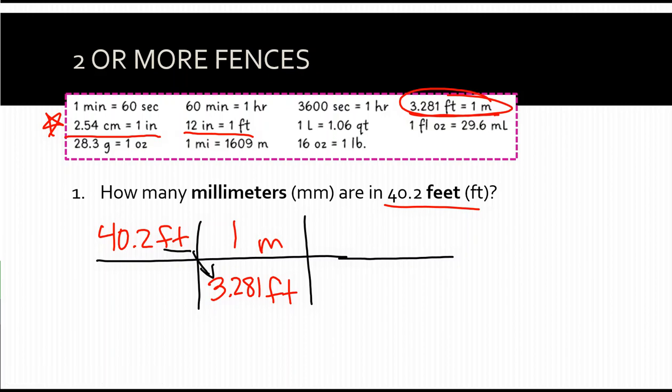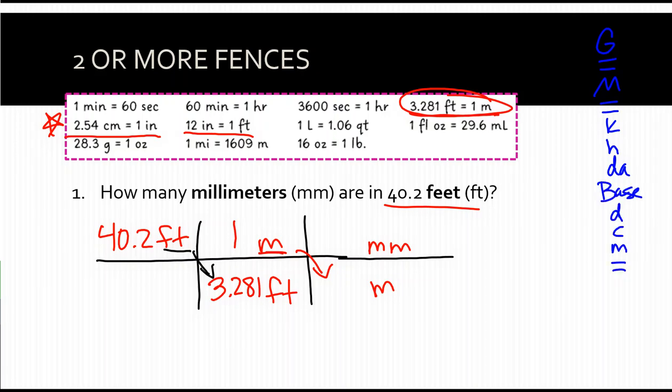So what do I do with my meters now? I diagonal those down here. And what can I put on top? Millimeters. Because I can do meters to millimeters because I know my giga, mega, kilo, hecto, deca, base, deci, centi, milli, micro, nano, pico, right?